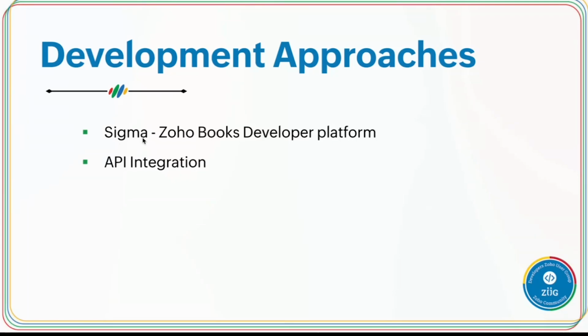If you have your own development environment for building extensions and you don't have to depend on the Sigma platform, in that case you can build an API integration as well. All you have to do is use the APIs provided for all the fields and modules of Zoho Books in the API documentation of Zoho Books.